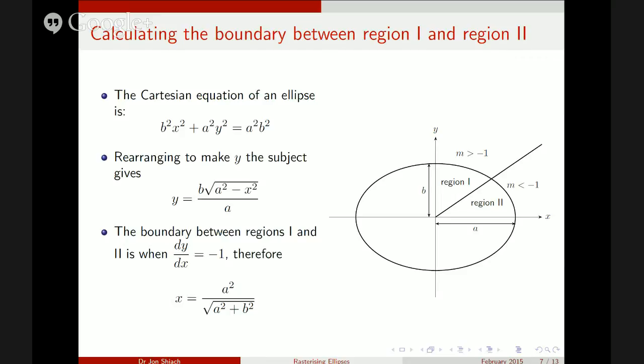But obviously we don't want x squared, we just want x. So x is the root of both sides, and we get down to that.